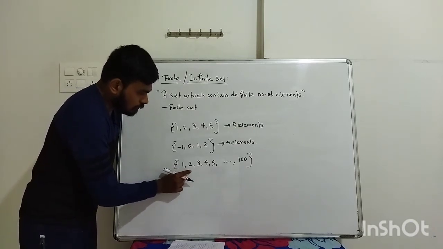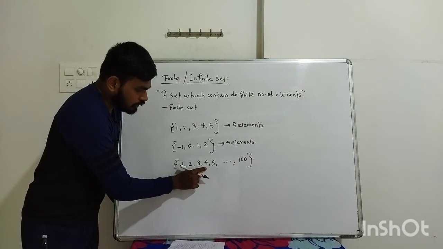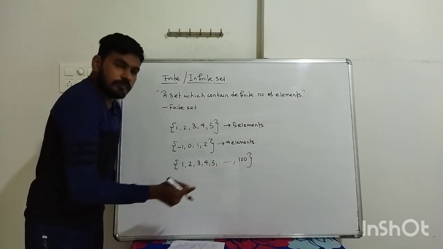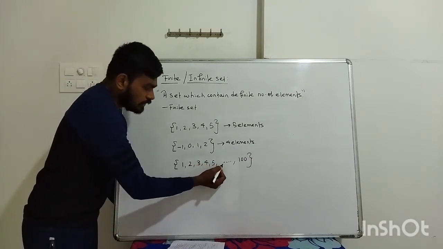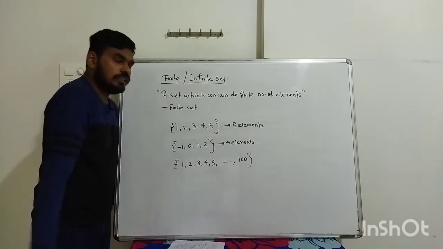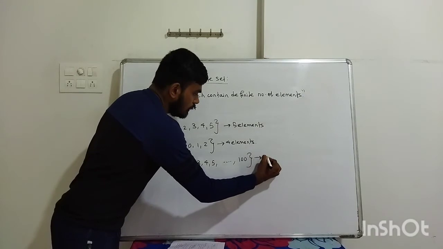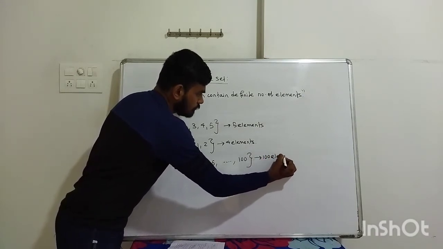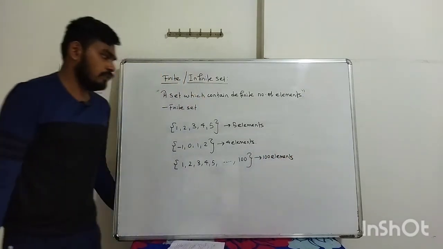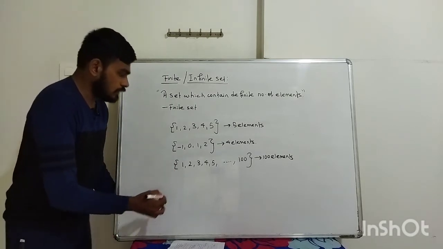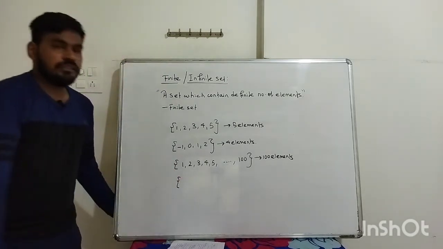First number is 1, second number is 2, third is 3, fourth is 4, fifth is 5. Then obviously the next numbers will be 6, 7, 8, 9, 10 until 100. So this set will contain 100 elements. So again this is a finite set. Understood?